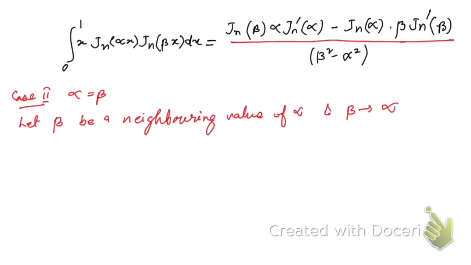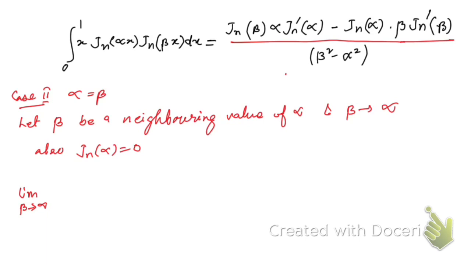That means beta tends to alpha. Also we know that Jn alpha is equal to 0, so we can make it 0. Then let us take the limit on both sides, limit beta tends to alpha.